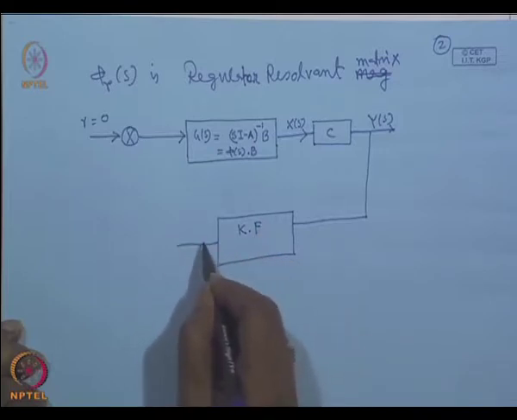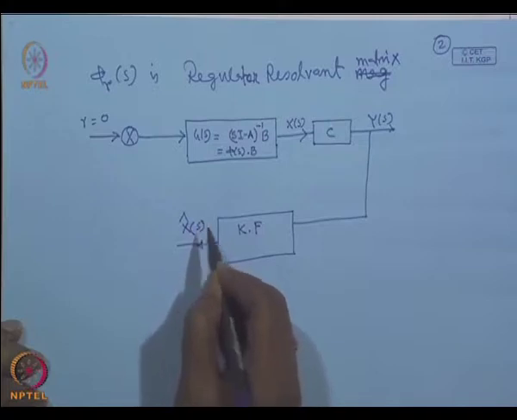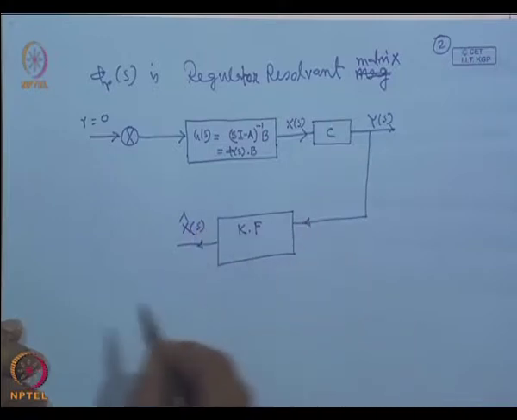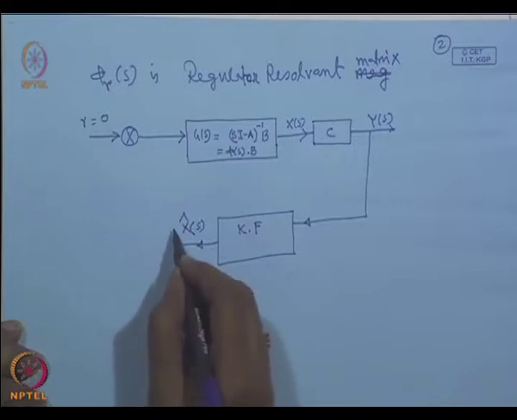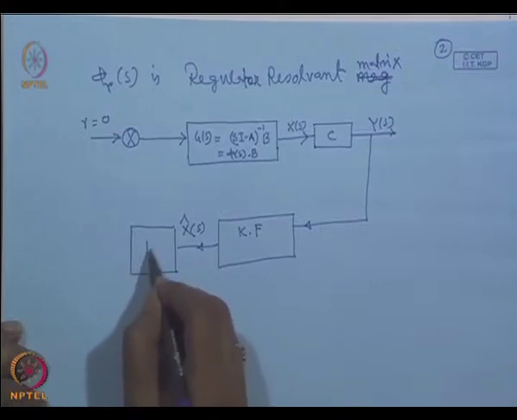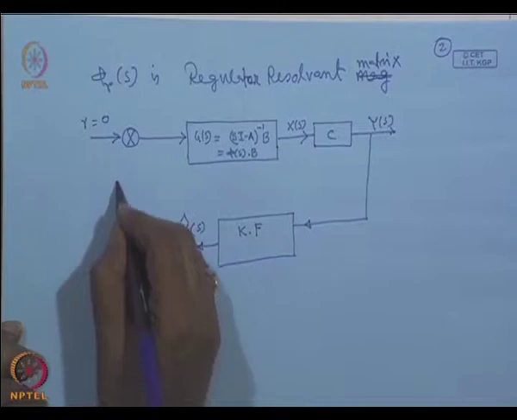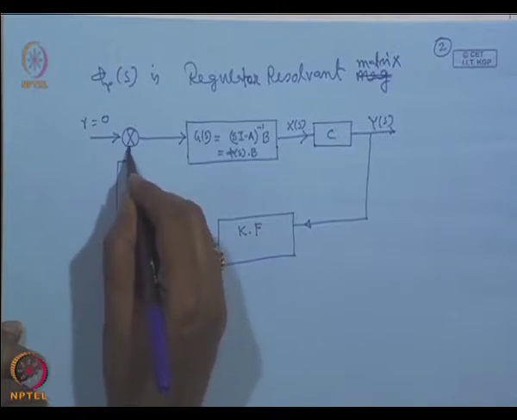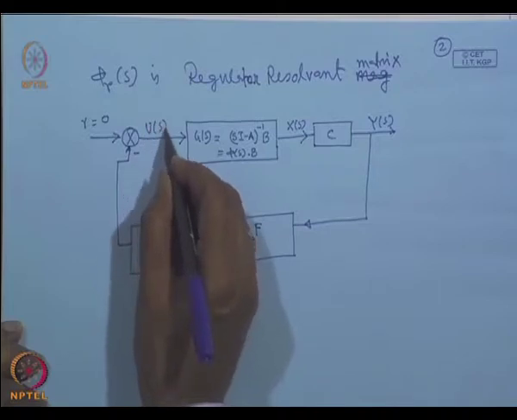The output of the Kalman filter is our x hat of s, and this is this. Agree? Then this will go with a controller gain, then minus of that, and this is our u of s.